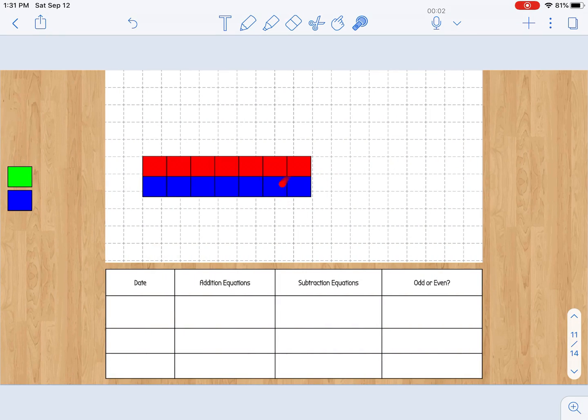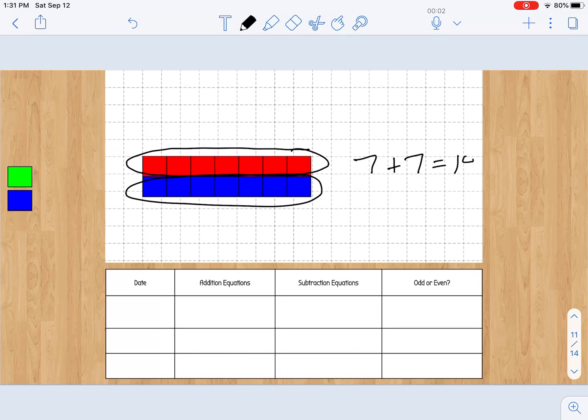So I have now added a blue tile to make the total 14 for September 14th. I have gone ahead and added that tile, and now we have to come up with an equation. What is an equation I can write to represent these tiles? Well, I see 7 red tiles at the top, 7 blue tiles at the bottom, so I can do 7 plus 7 to give me 14.